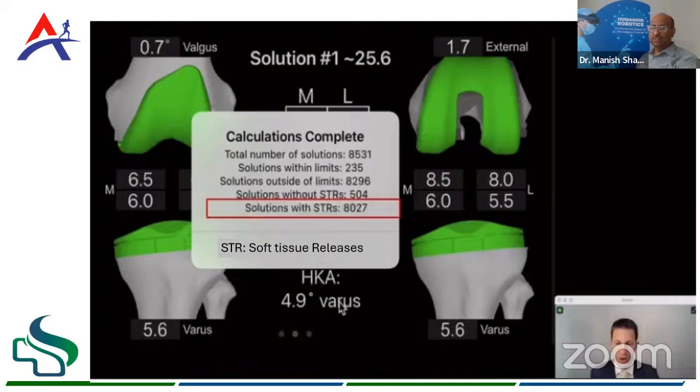So even if someone says that I'm using robotics, he's using one of the possible 8,000 solutions. It does not mean that one robotic surgery is the same as another robotic surgery, because both of them need not have used the same solution of the 8,000 possible combinations.